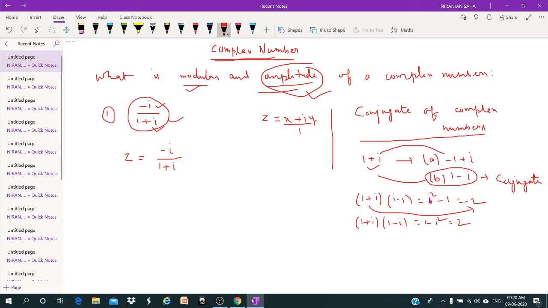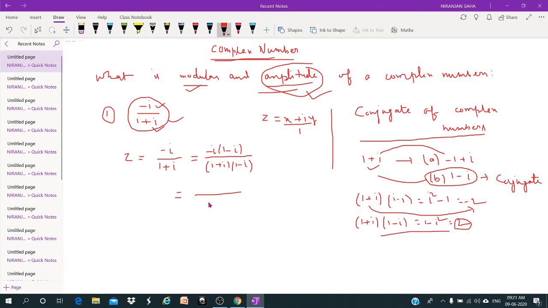Now we multiply the numerator and denominator by the conjugate: minus iota times 1 minus iota, over 1 plus iota times 1 minus iota. The denominator we found is equal to 2.